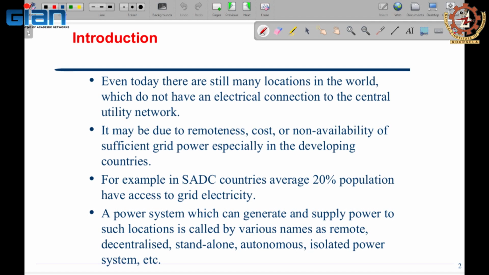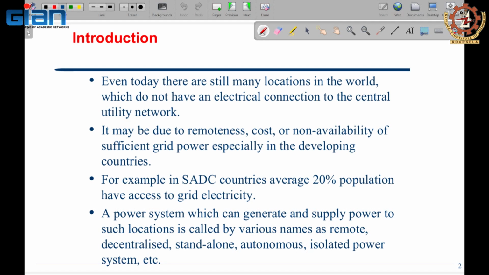Any power system which can generate and supply power to those locations, we call by several names: remote, decentralized, standalone, autonomous, isolated power systems.